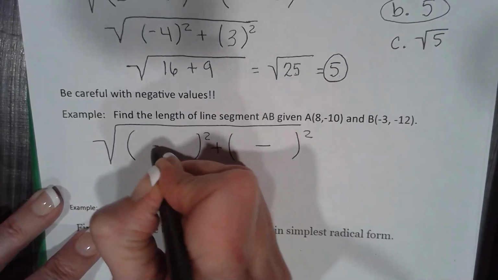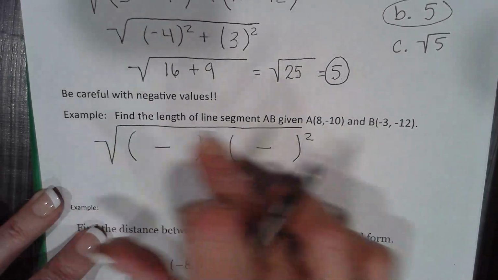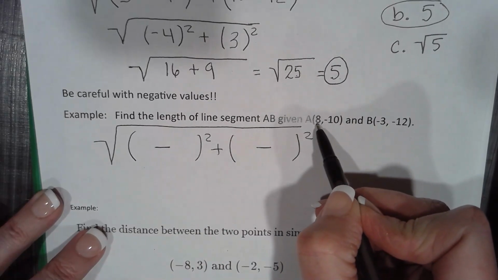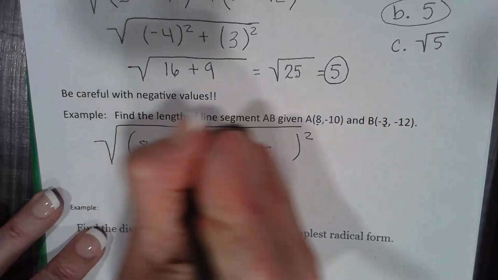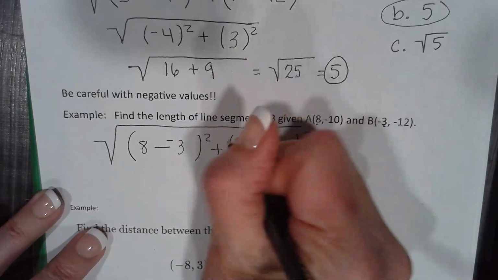Do not try to put numbers in while you're doing this. Just put your structure down first. So my x coordinates are 8 and negative 3. My y coordinates are negative 10 and negative 12.